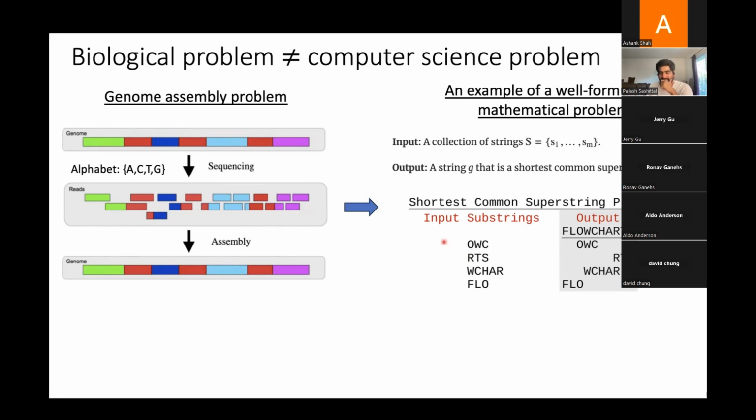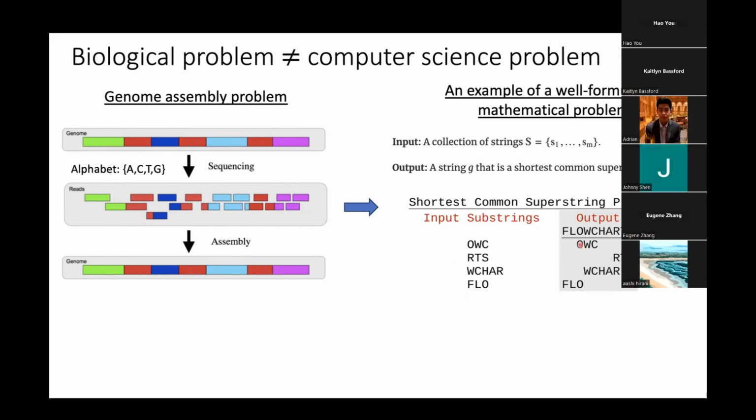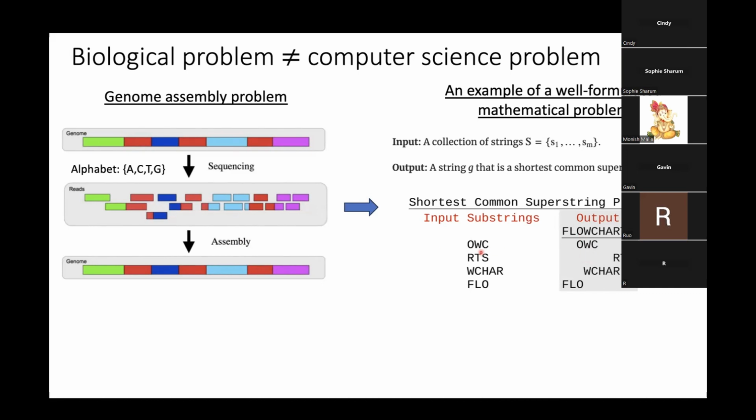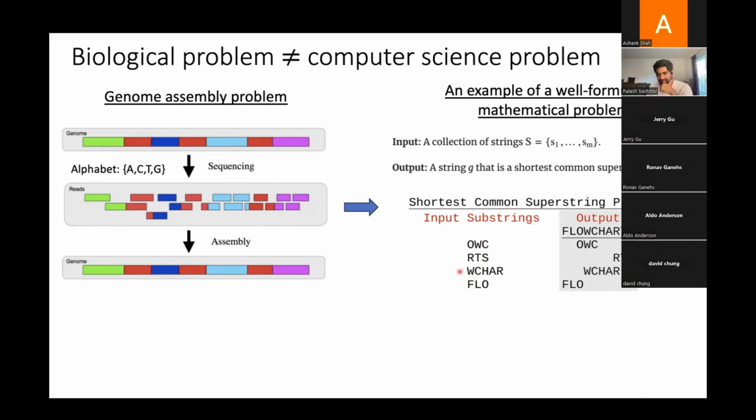So one solution for this particular problem would be flowcharts. So if you see, all the different sequences of letters that were given to you as input are substrings of this word called flowcharts. So this is one way that you can formulate the problem of going from reads to the entire genome, assembling these reads together to get the entire genome.